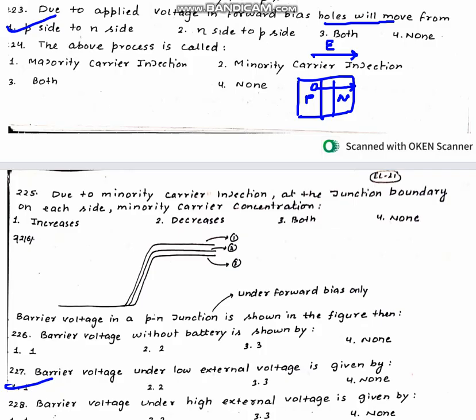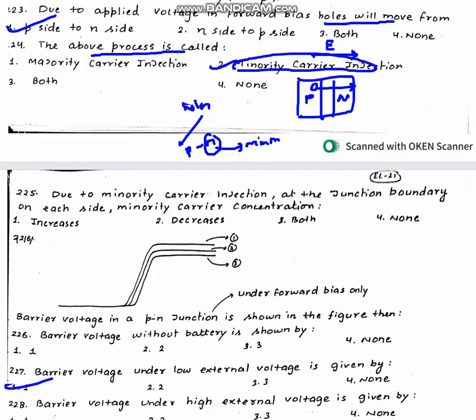Next is, the above process is called. So this process is called minority carrier injection. So this is option number 2, because due to the external electric field, holes move from P to N, and in N they are in minority.